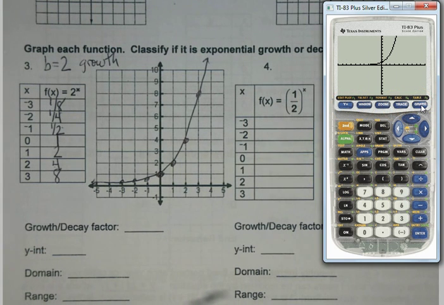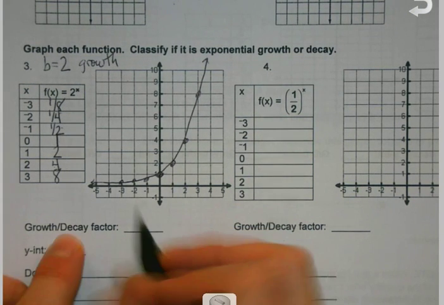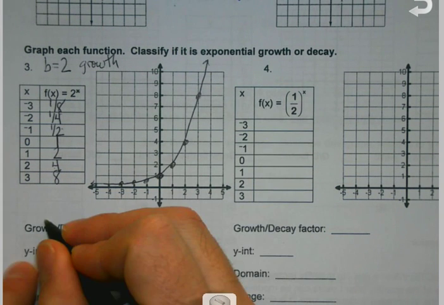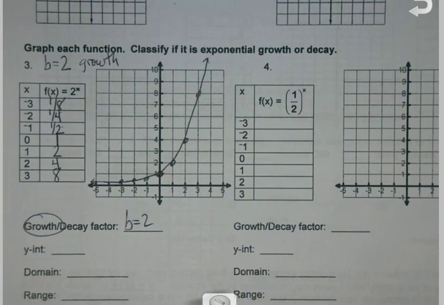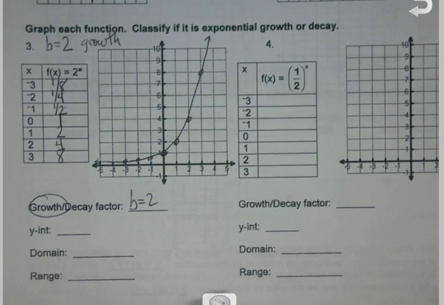So once I have the graph, I can get me some info. And we're going to see in a minute that I really don't even need the graph to get this info. My growth or decay factor, okay, was that B value that I was looking for. That's just another fancy word for it. Okay, my Y-intercept.